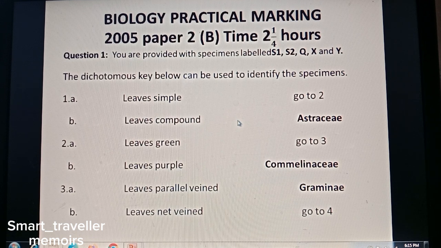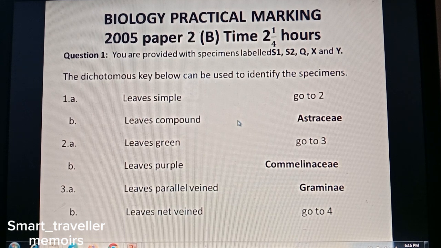That's why it's dichotomous. All right. So you use it following those steps to identify those 1, 2, 3, 4, 5 specimens. And you can see now the way the dichotomous key is.